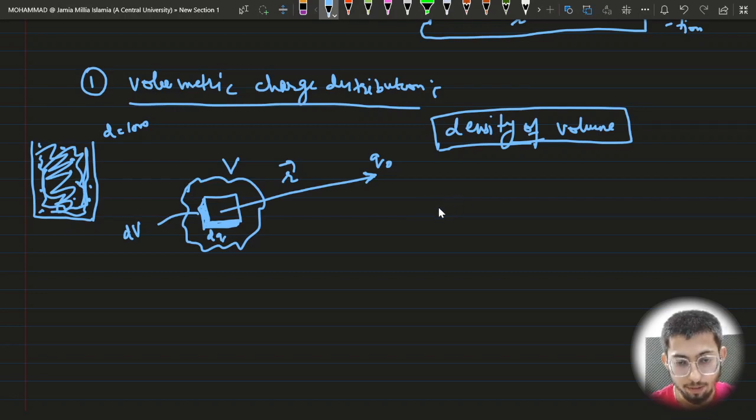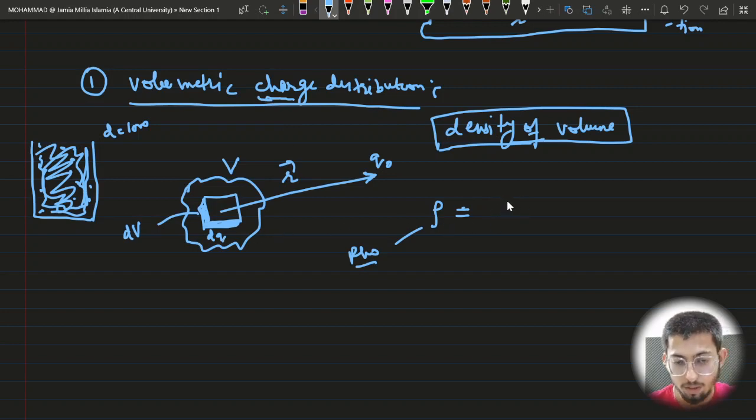We call this by the name rho. This is a symbol used to denote a volumetric density. And what is density? Mass upon volume. Here it is mass, but here we want to find the charge density. There is no mass here because the charge is being distributed. Whatever is distributed, we want to find the density of that.